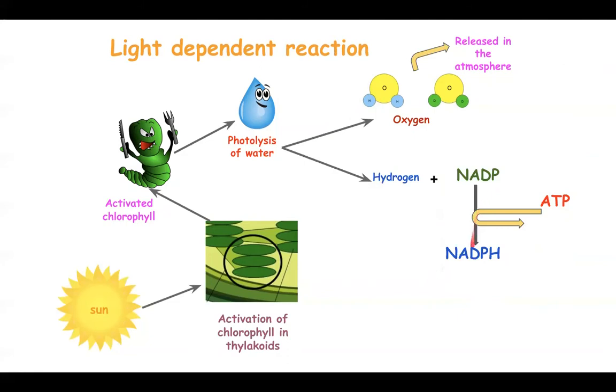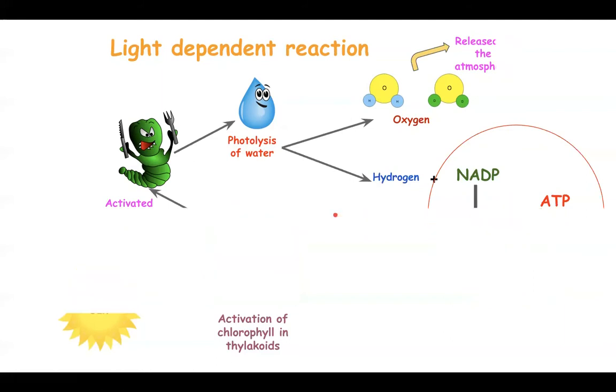ATP, after giving energy for this reaction, changes back into ADP and inorganic phosphate. And this entire process occurs in the stroma. This occurs only after the light reaction has taken place. So light reaction will lead to photolysis of water after activation of chlorophyll, release of oxygen, formation of NADPH, and formation of ATP. So this is about light reaction.